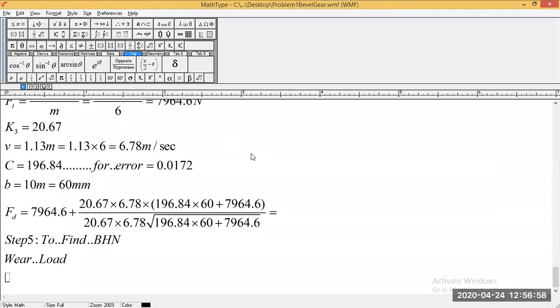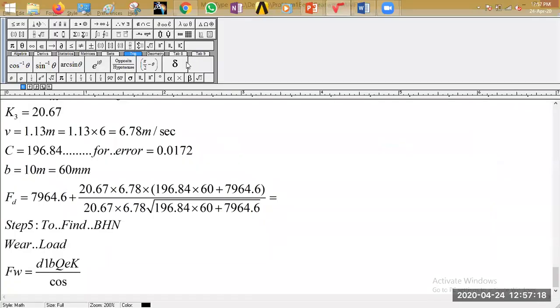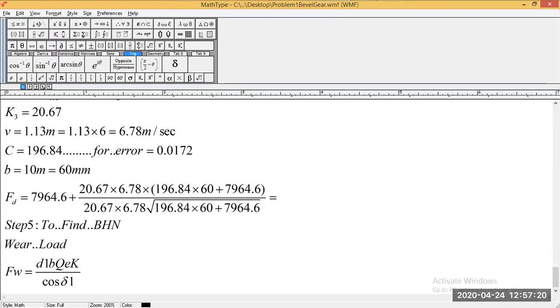Let's type this. So FW equals D1 VQE and K over cos delta 1.